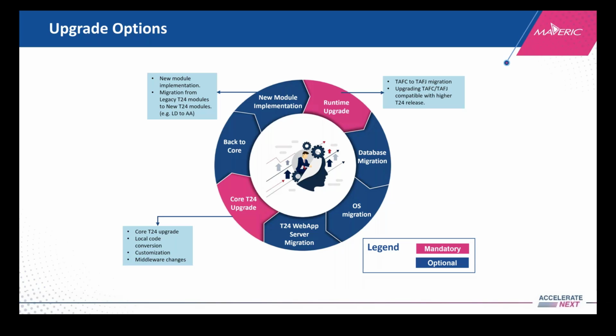On the other hand, if you are already on an RDBMS and you want to port your current RDBMS to a newer version of the RDBMS, then that can also happen as an optional activity during your upgrade process.